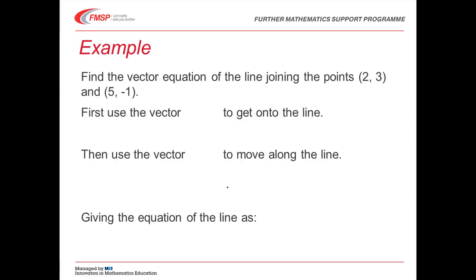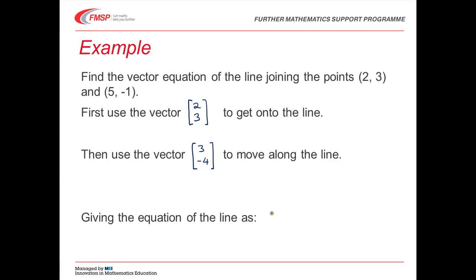Let's do an example to see how this works. First of all, from the origin, I need to use the vector (2, 3) to get to the point (2, 3), which is on the line. I can then use the vector (3, -4) to move along the line. That's the vector which gets me from (2, 3) to (5, -1). I can use any multiple of that vector and it will take me to different points.